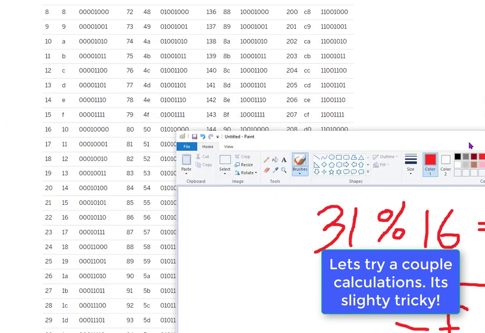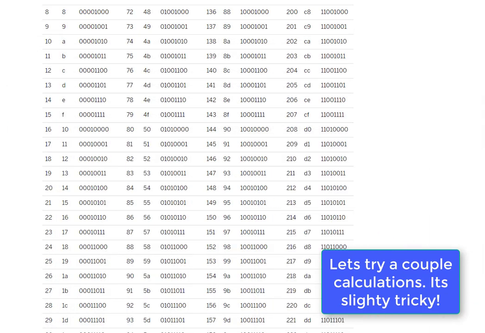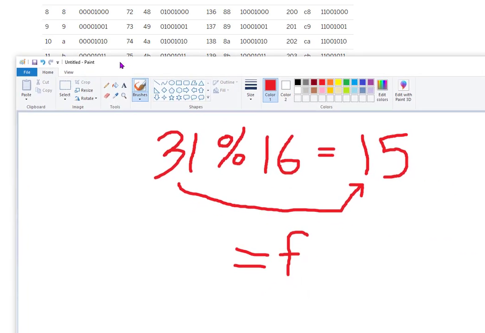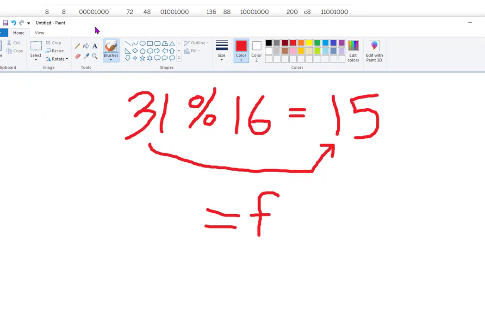This is a snazzy, nice table where you can see the patterns, right? But it all works on a base system, or modulus numbers, where you're taking the remainder and dealing with the remainder, just like a clock, just like military time. But instead of base 12, we have base 16.